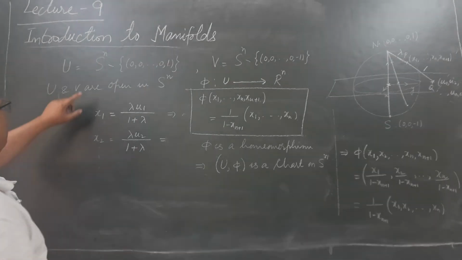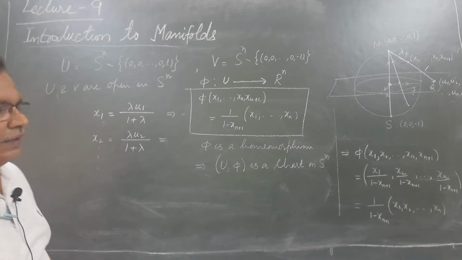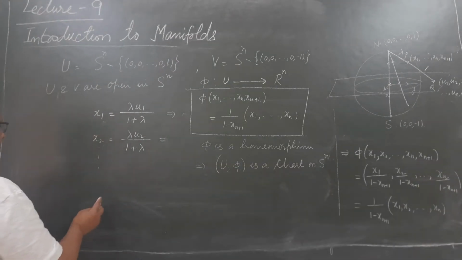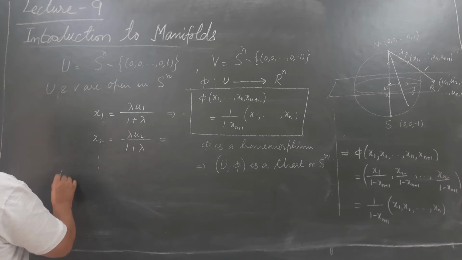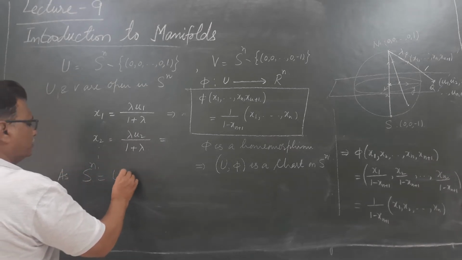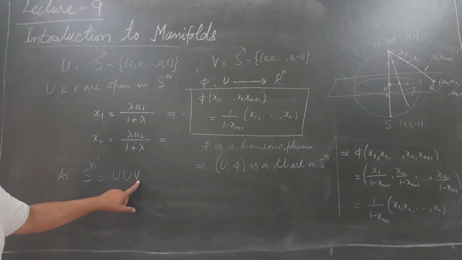So if you consider the union of this U and V together, then you will see that it covers. So Sn is equal to U union V. We need a homeomorphism corresponding to V also.